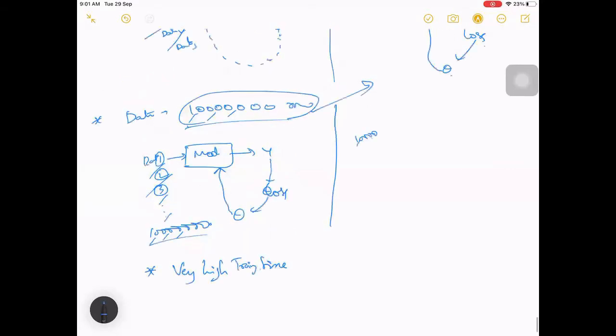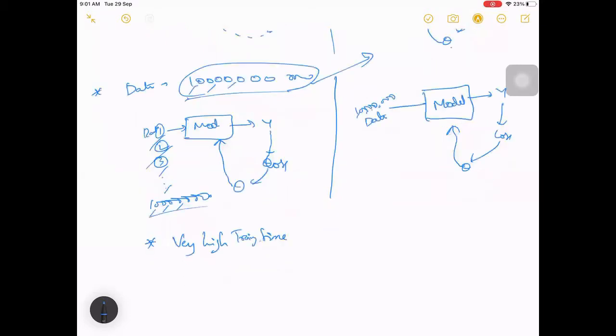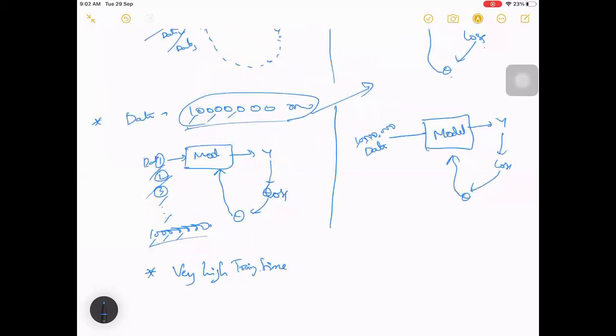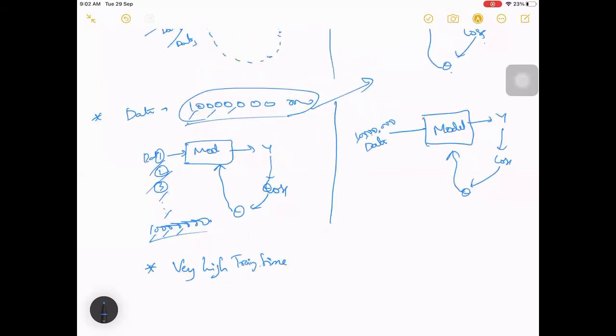But if you take this, there is an advantage which we have discussed before. All the 1 crore data points we are seeing, we send together, we get the model, and then we do this. This is what we have discussed, if you remember. Using the vectorization concept, it can do the computation in parallel at once.